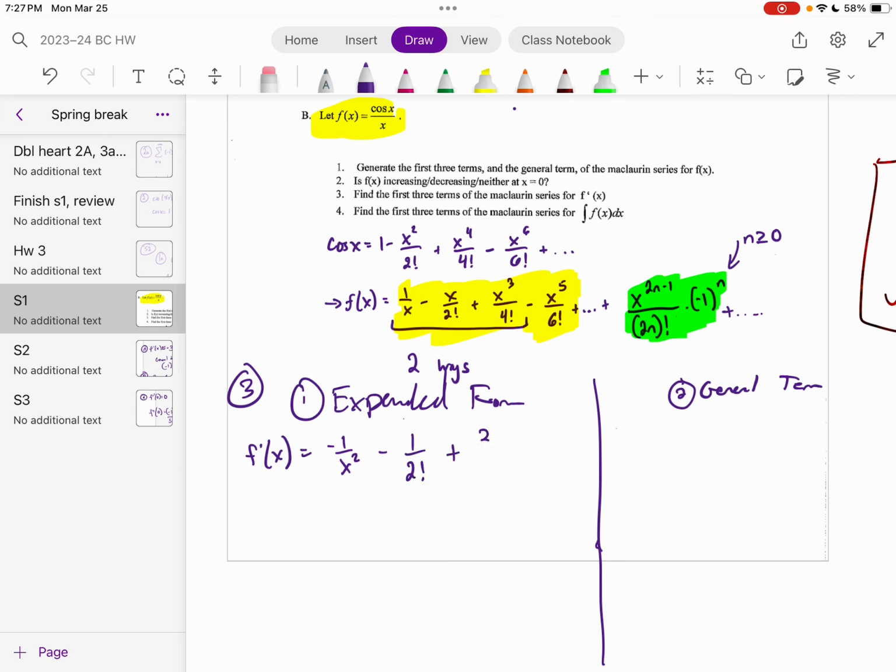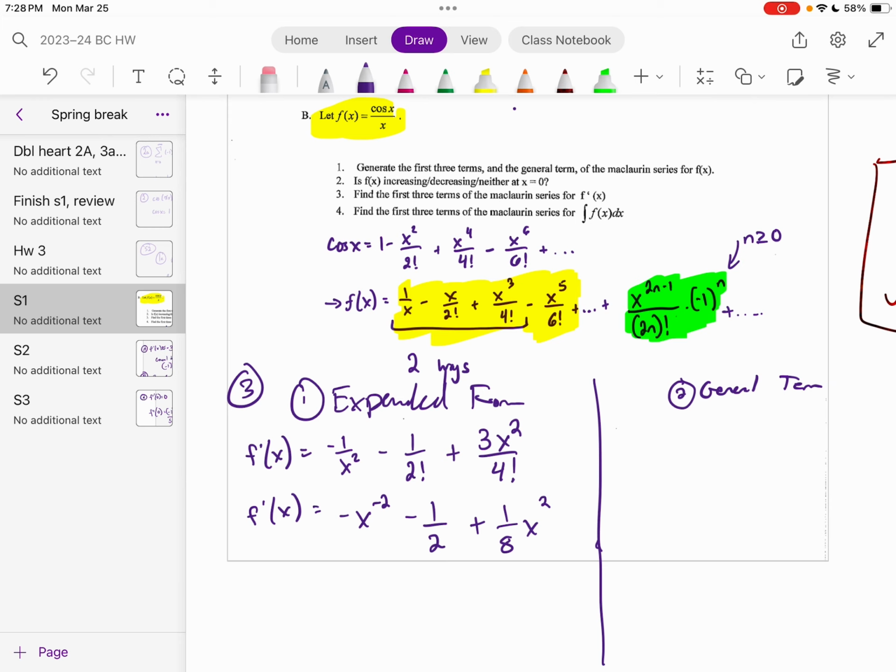And I'm going to have 3x squared over 4 factorial. And how you clean this up is really up to you. Some people might like this to say negative x to the negative second minus 1 over 2 plus 4 factorial, that is 24, so 1/8 x squared, perhaps, maybe something like this. I don't particularly care. Everything's sort of right.